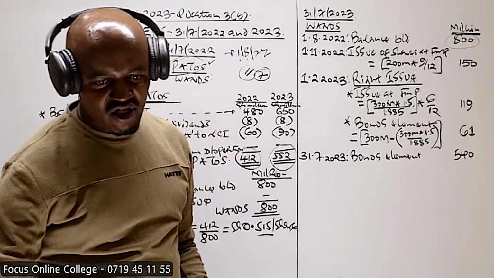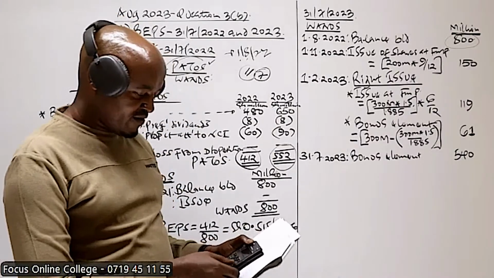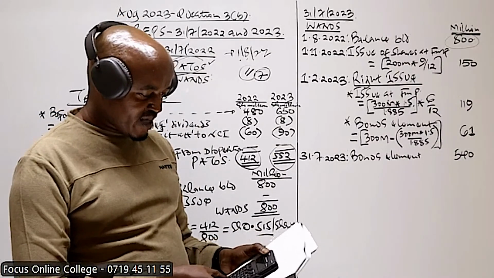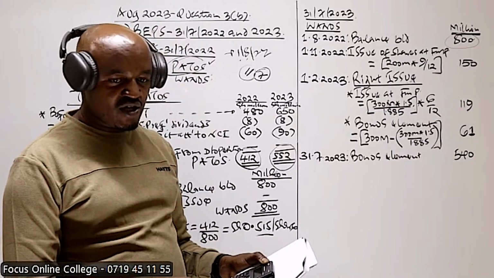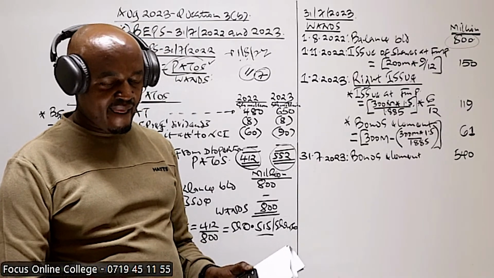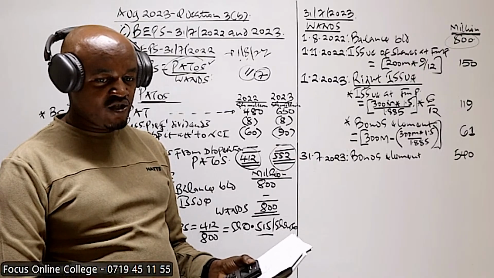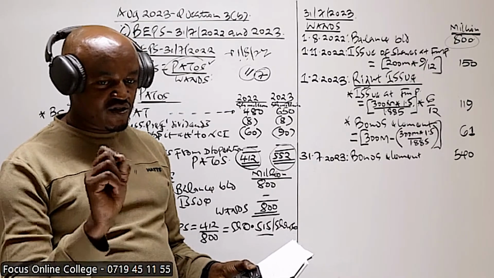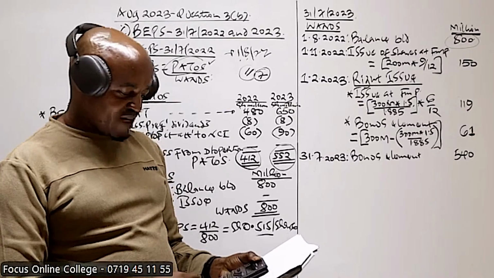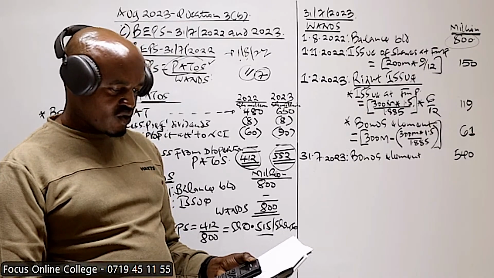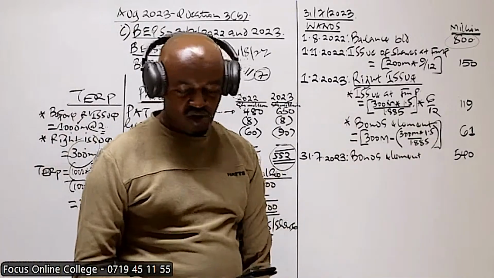Can you remember the par value per share in our statement of financial position, 0.5? You multiply 540 with 0.5, so the value of these shares is 270 million.